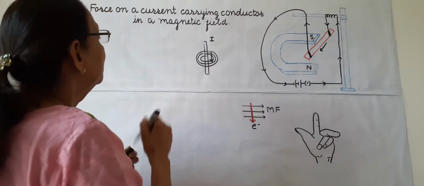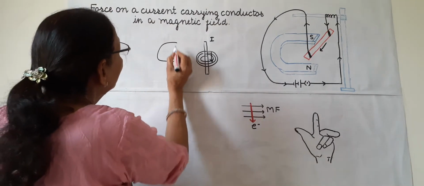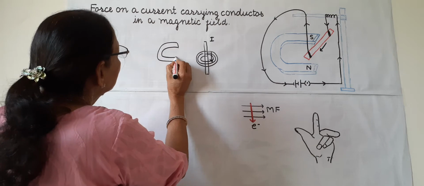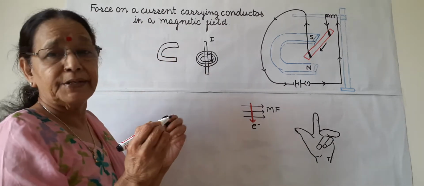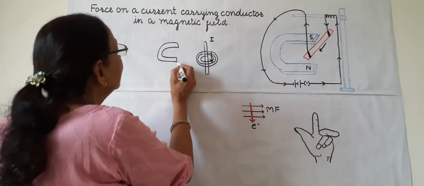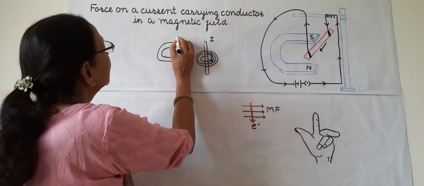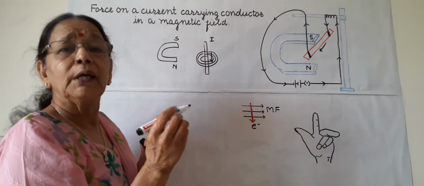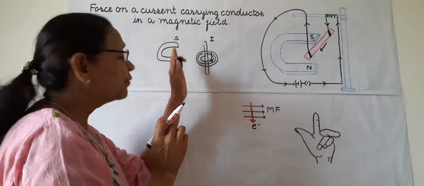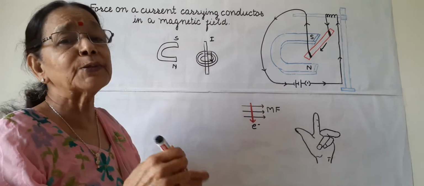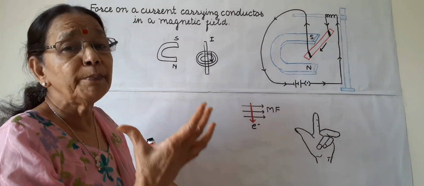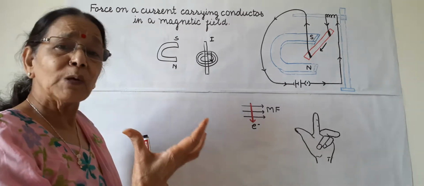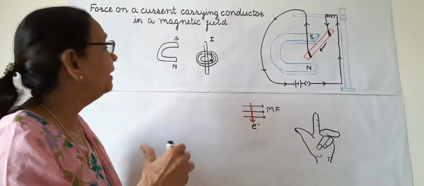This is one thing. Now suppose we have this horseshoe shaped magnet. This is the north pole and this is the south pole. We know that these strong magnets also have their own magnetic field, and this also we know by magnetic field lines.